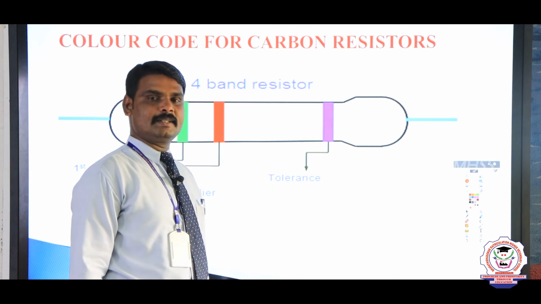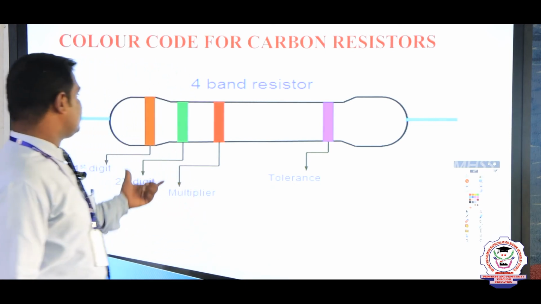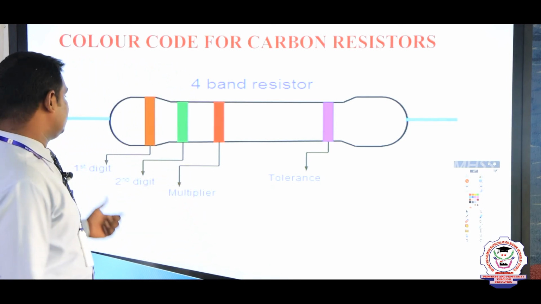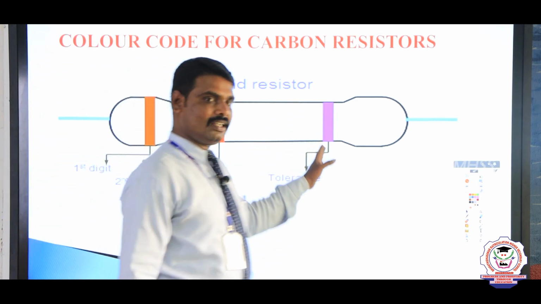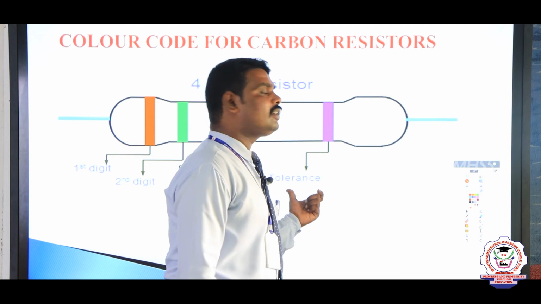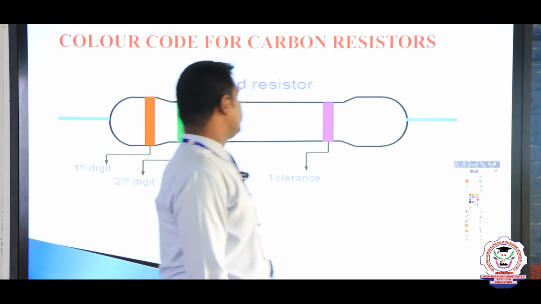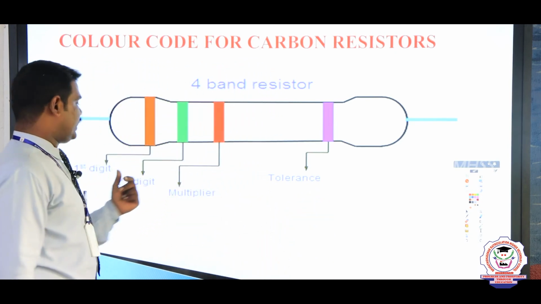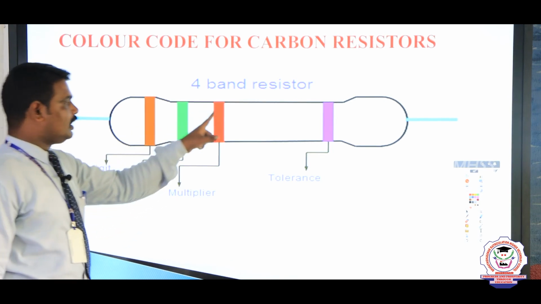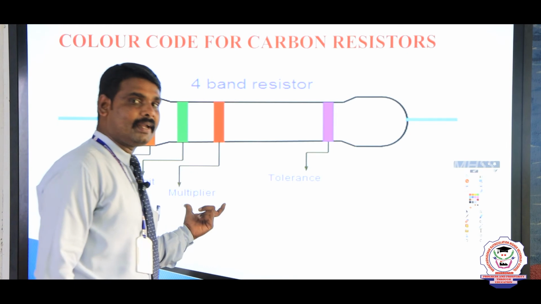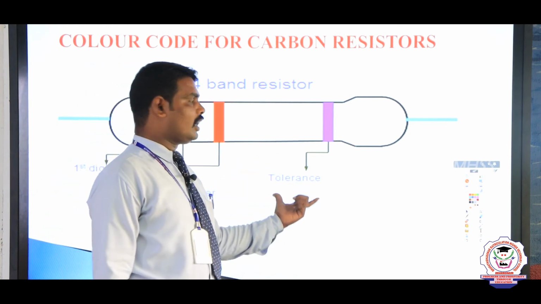The first two colors give the digits, the first digit and the second digit. The third color is the multiplier, and the last one is the tolerance.